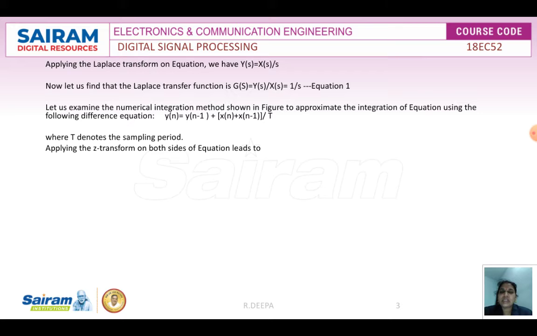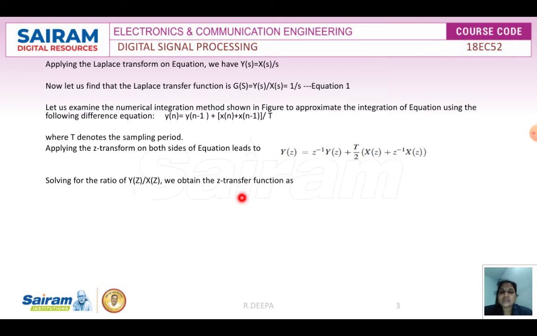Now if we apply the z transform on both sides of the equation, the z transform of y of n is Y of z, and the z transform of y of n minus 1 becomes z inverse times Y of z. T is a constant, kept as such. The z transform of x of n is X of z, and the z transform of x of n minus 1 is z inverse times X of z.